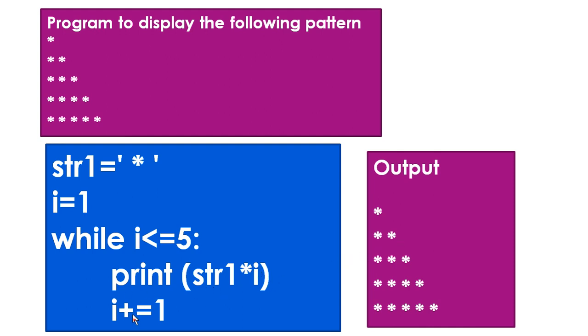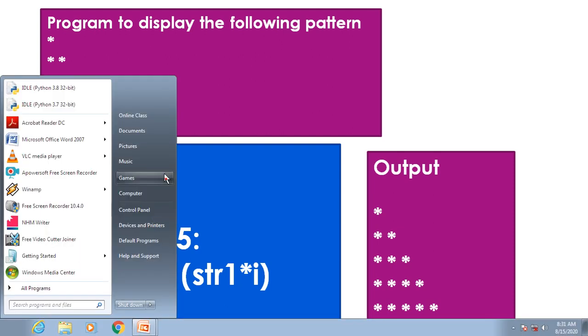In the third time I goes to 3, so the asterisk prints at 3 positions. In similar manner we get this pattern, at the fourth line we get 4 stars, and at the fifth line we get 5 stars. In the last iteration I turns into 5, so we get 5 asterisks. This is the program to display the pattern.